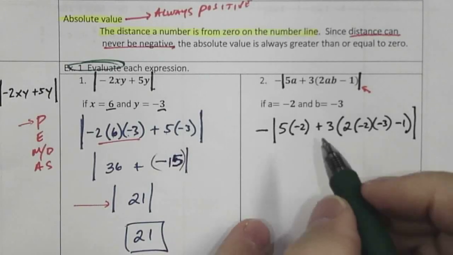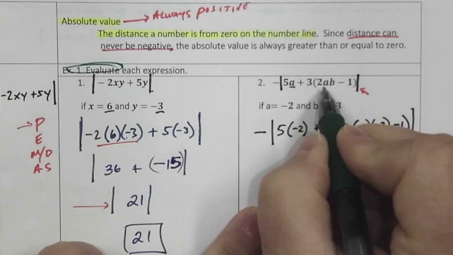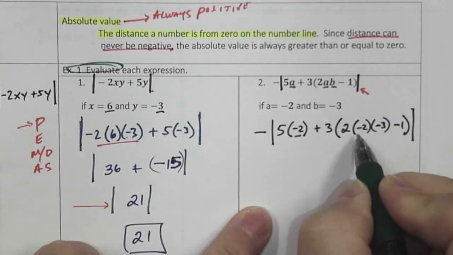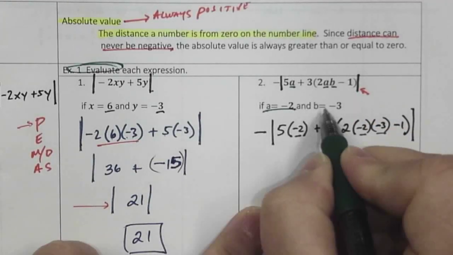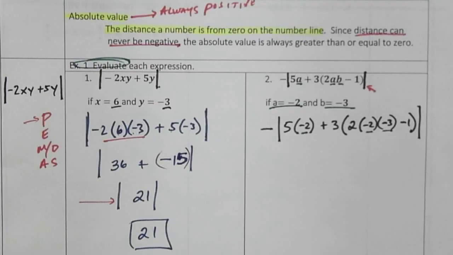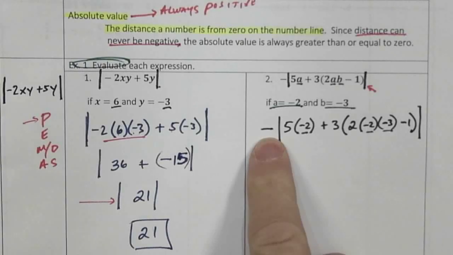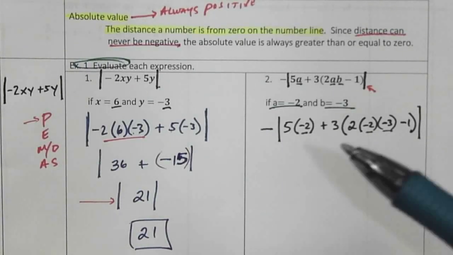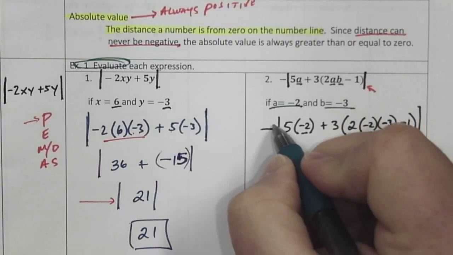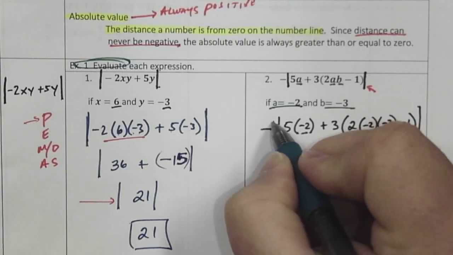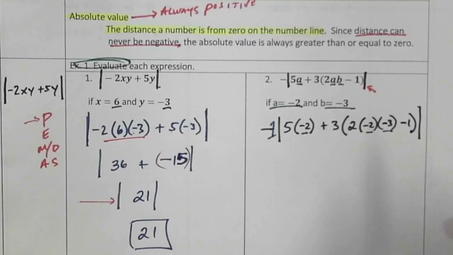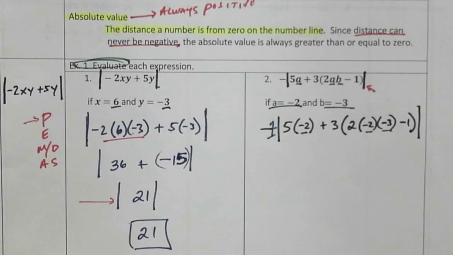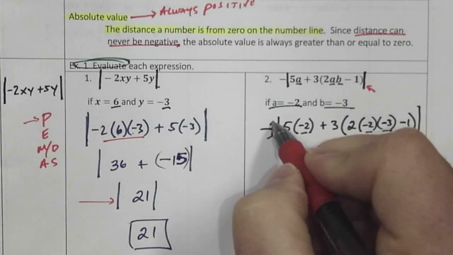Okay, so we've gone in, and for A and B, we have substituted in these values. Now, this out here, I want you to be careful. This negative, what does it mean? This negative right here means -1 times the absolute value. So when we're all done, we're going to multiply by that -1 right here.